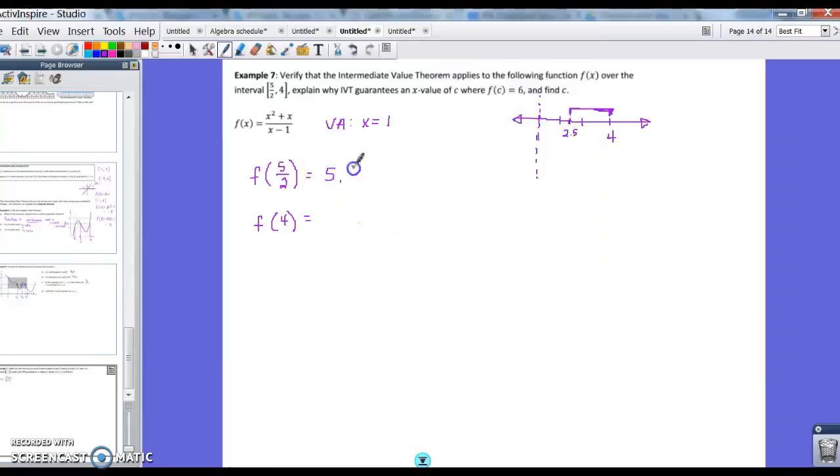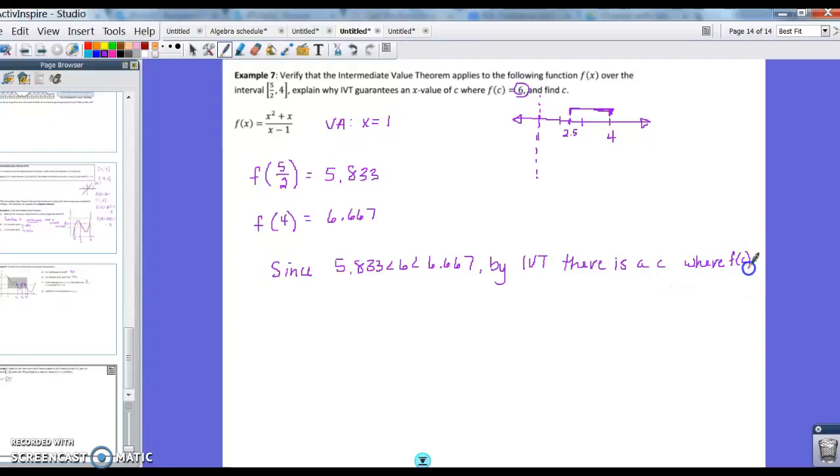So we've got 5.833 and 6.667. Now, since 6 falls between 5.833 and 6.667, since 5.833 is less than 6, which is less than 6.667, we can say by the intermediate value theorem, or IVT, there is a c where f of c equals 6.